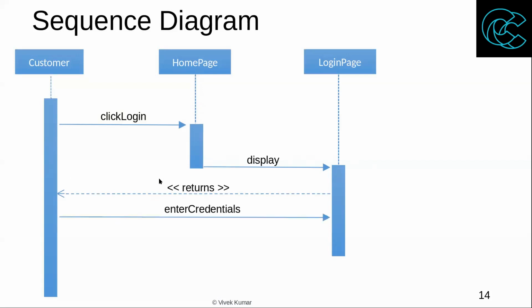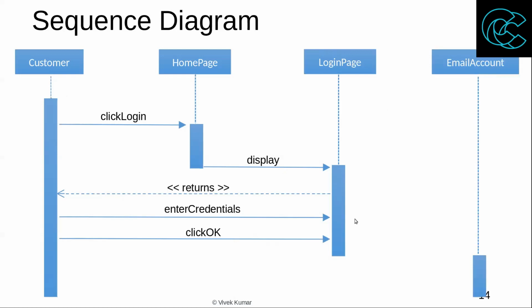Once the login page is available to the customer, the customer would put in the credentials. It is nothing but the username and password. The credentials part is an interaction that happens between the customer and the login page. And once the credentials are put in, the customer would click OK.